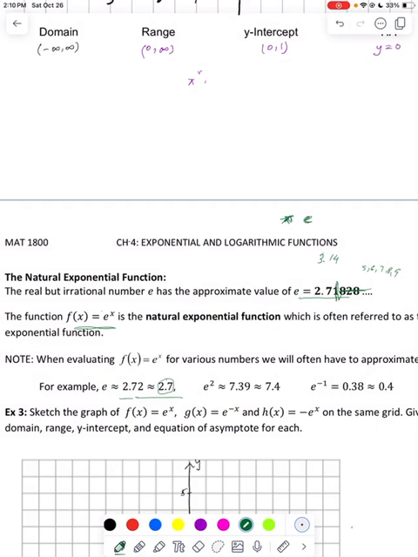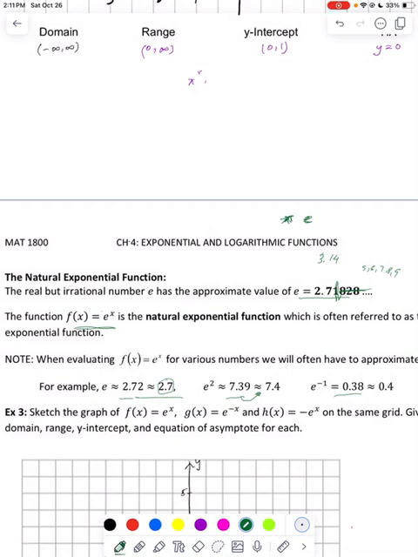E squared is 7.39 and so on, which we approximate to 7.4 for graphing purposes. In the same way, 1 over e, or e to the negative 1, will be approximated to 0.38, which for graphing purposes is 0.4.